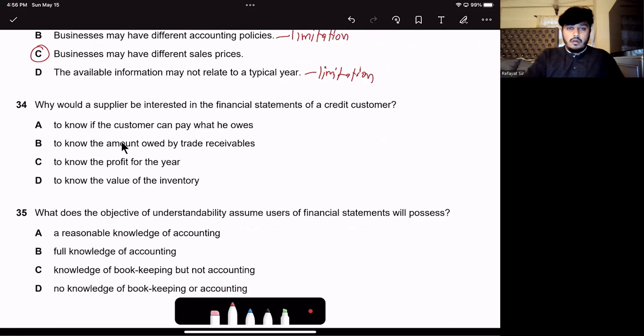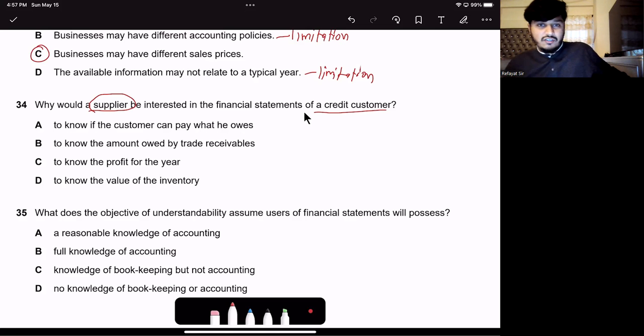34. What would a supplier be interested in from the financial statements of a trade customer? A supplier is always worried about whether his or her customer is able to pay on time or not. I repeat, whether he or she is able to pay on time or not.